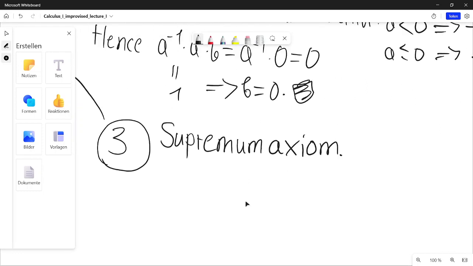All right. What is this axiom? Well, it is a little bit involved. Those axioms above, maybe they were in an unfamiliar fashion, but there was nothing going on. But here already something will go on.